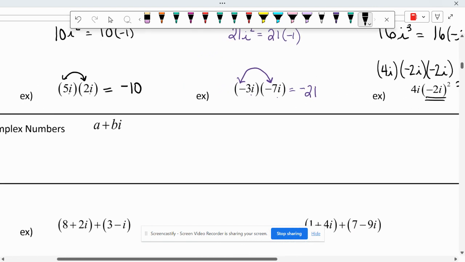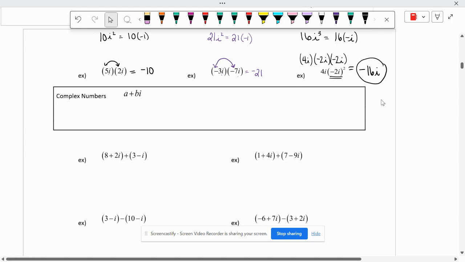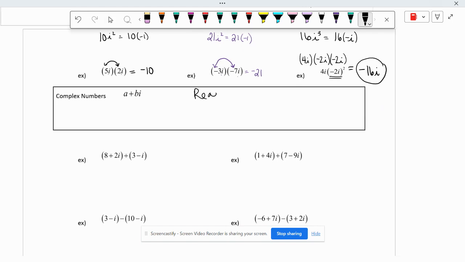So let's talk about a plus bi. I'm sorry, Aiden, I saw that you were still writing. So a plus bi, this is a complex number because you have a real part and an imaginary part.